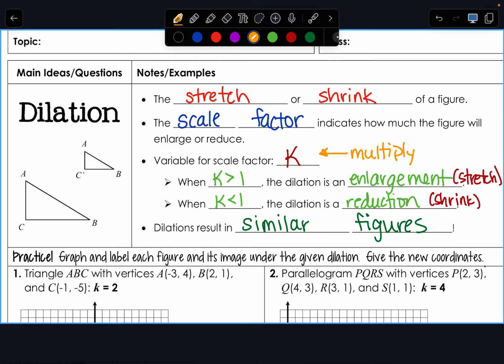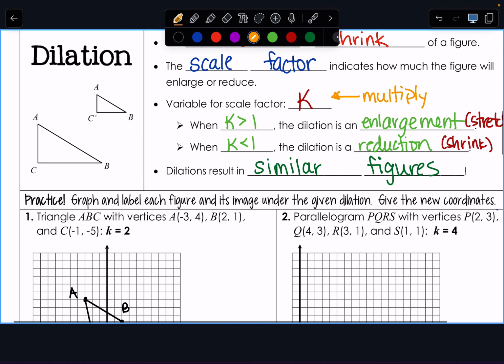Everything's plotted on yours, but I don't have the numbers on mine, so sometimes I'm going to have to count. You're just going to have to bear with me.